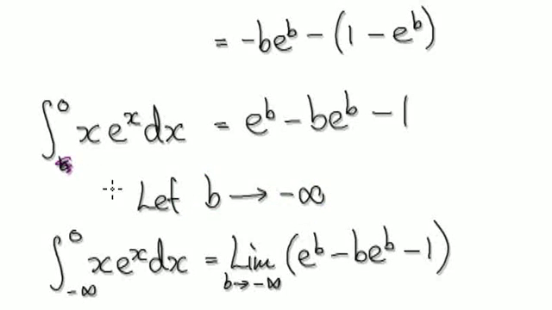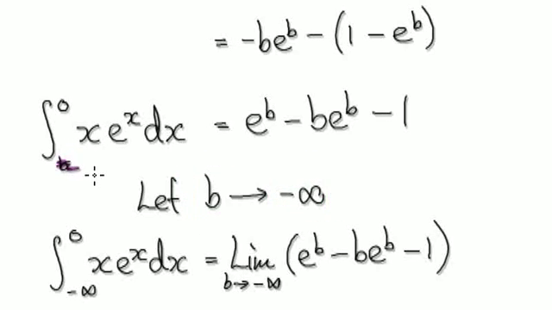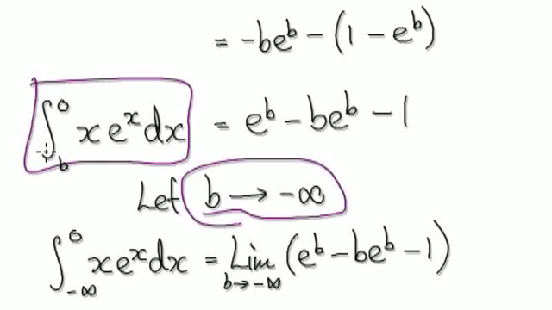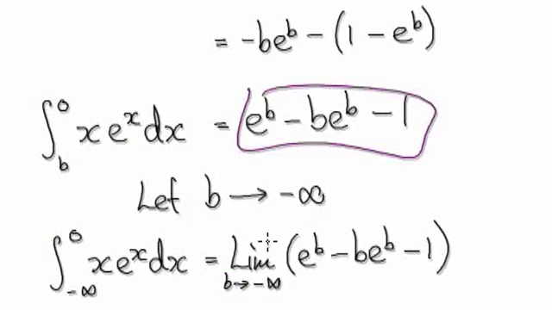The minute you allow B to head towards negative infinity, you're really integrating from negative infinity to 0. So the minute you allow B to head towards negative infinity, this thing becomes this. And then this thing, you've got to take the limit as B heads towards negative infinity. So you're taking the limit of this as B tends towards negative infinity.